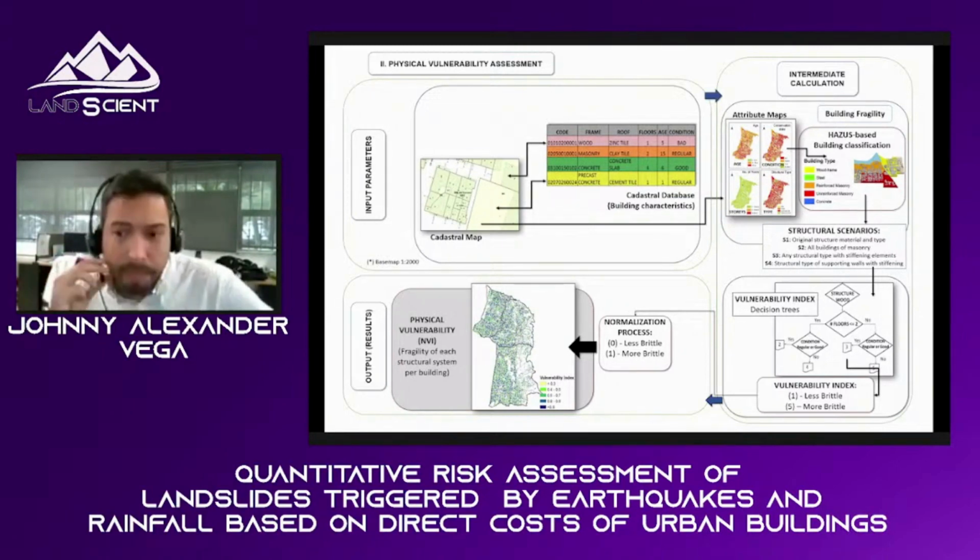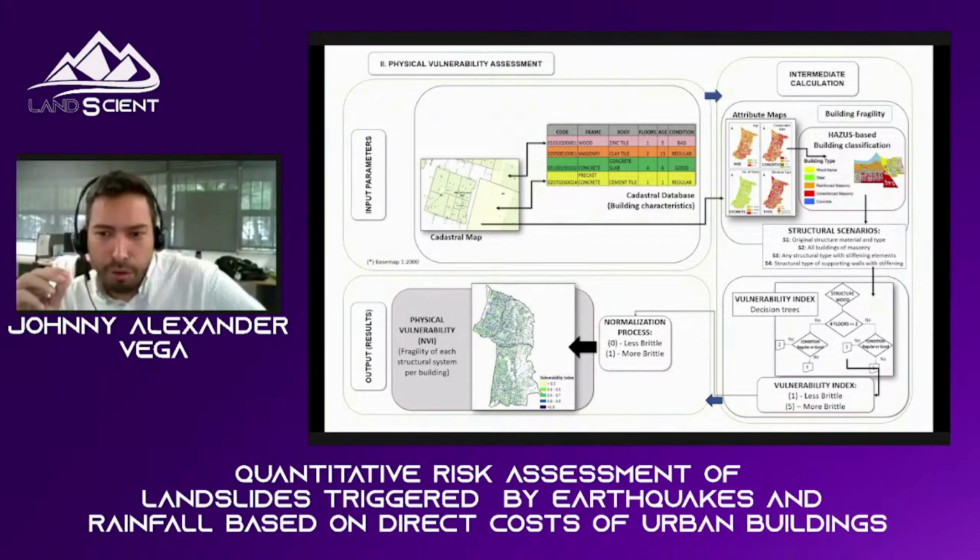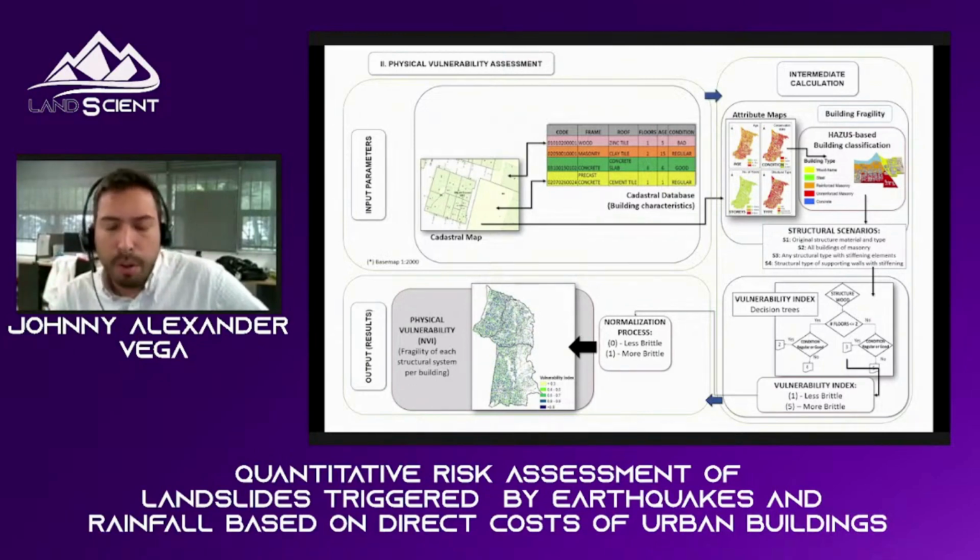Scenario 3 considers any structural type with a stiffness element, and the last structural scenario was the structural type with supporting walls with a stiffness element that fulfills the requirements of Colombian building codes. With this information, we generate vulnerability decision trees, and the final product of this stage was the physical vulnerability map.